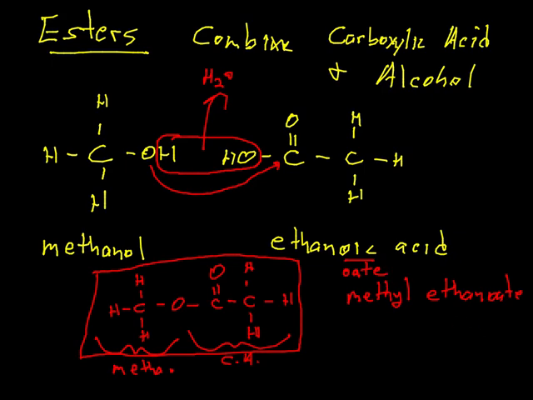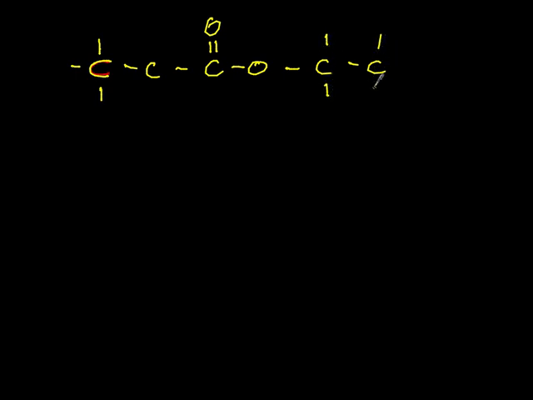So let's do one more example of that. Let's say we had an ester, and normally they're going to be written this way. So we'll do this one, 3 carbons long there, and 2 carbons long there. Here's what you have to figure out with writing out the names of esters.